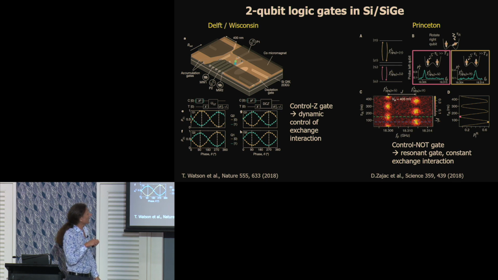Both were 2 qubit logic gates with electrical control using micromagnets. But in the Delft case, it was a control Z gate, so there was a dynamic control of the exchange interaction. Whereas in the Princeton case, it was a fixed exchange interaction, and it was a resonant gate. They worked in a limit where the detuning between the qubits was bigger than the coupling, and then a pi pulse on one of those resonances gives you a control NOT gate.